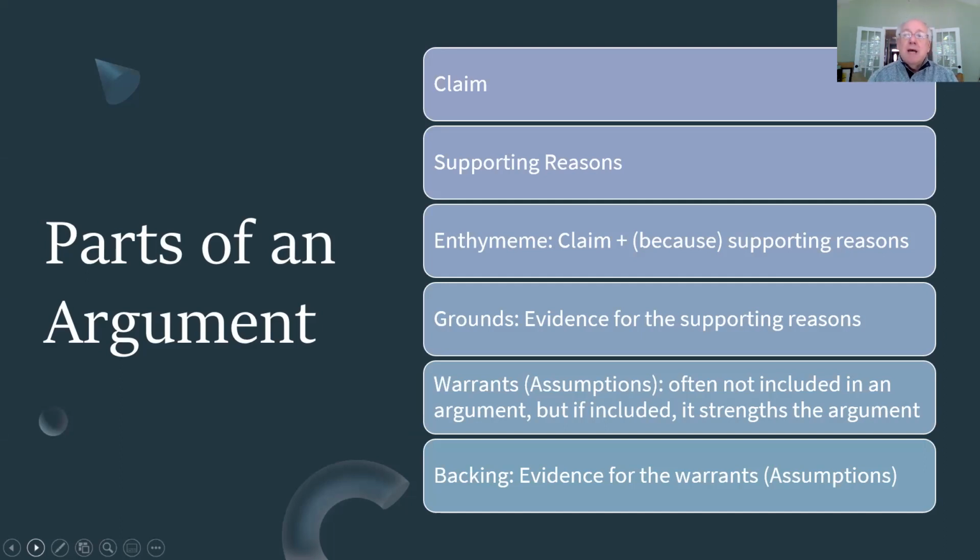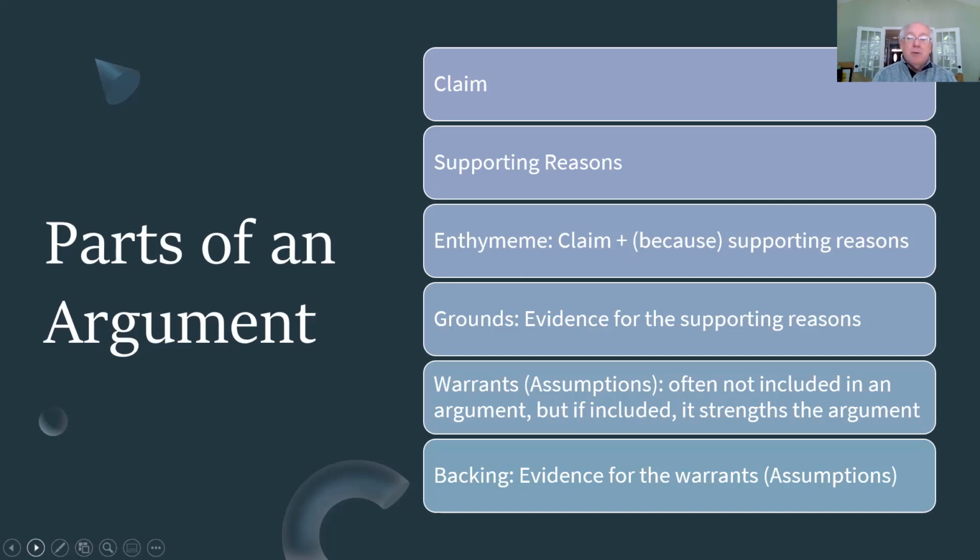I haven't given any reasons to support my claim, but that's the second part of an argument. An argument doesn't just make claims, it gives supporting reasons, in other words, kind of evidence for believing the claim. And often, one of the best ways that we can combine the claim and the general supporting reasons for that claim is really from the ancient Greeks.